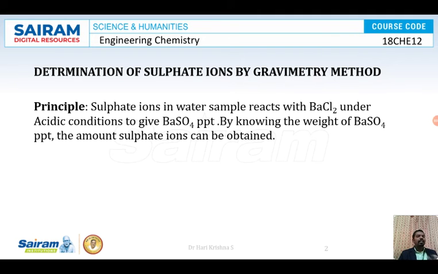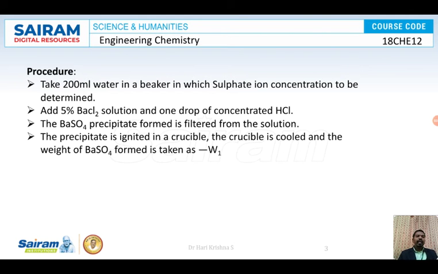First, let us see how to estimate sulfate by the gravimetric method. We take 200 ml of water in a beaker, in which the sulfate ion concentration is to be estimated. To that, I add 5% barium chloride drop by drop, and I also add 2 drops of HCl. You know well that barium chloride forms barium sulfate only in acidic media.